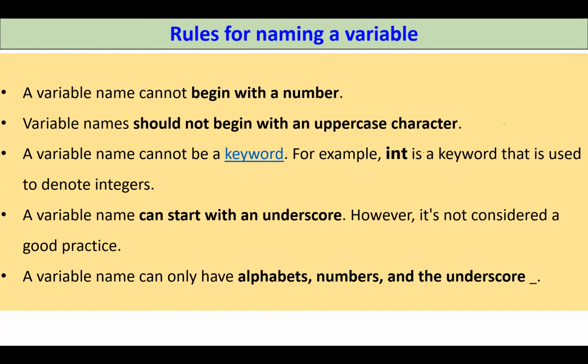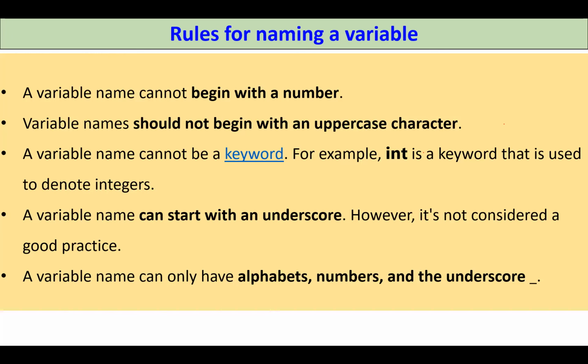Then the next one says you can start with an underscore. This is regarding using special symbols with your name. A special symbol means, on your keyboard, the upper row with the numbers, you can see these special symbols, like the percentage mark, dollar mark, hash symbol.